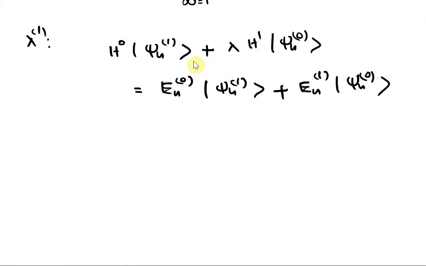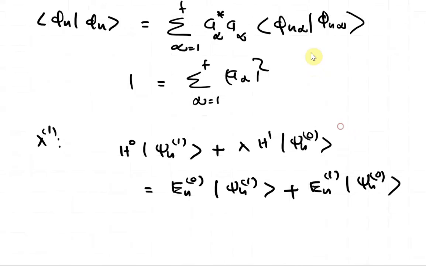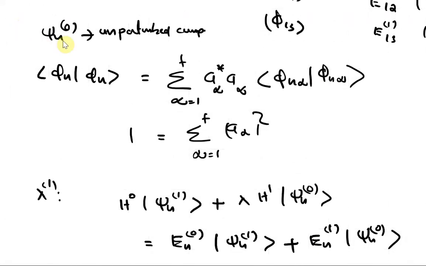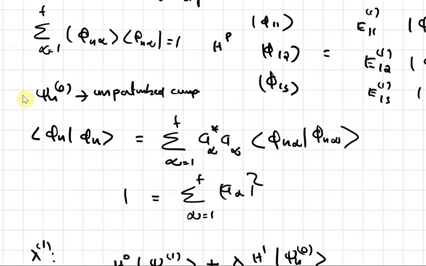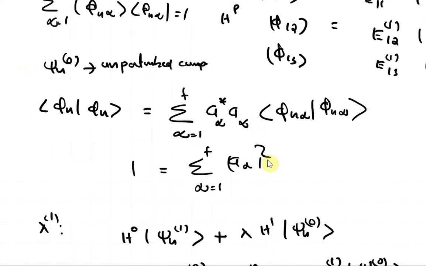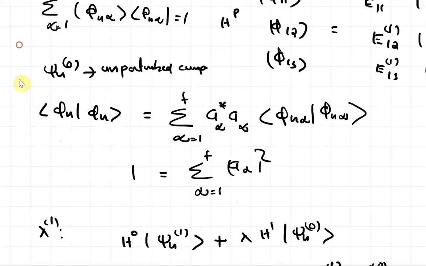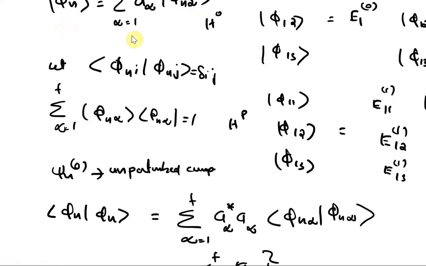So now I'm skipping one step here, just putting the value of phi n naught. Phi n naught is nothing but your psi n naught. Whatever you have taken here for phi n, you have to substitute over there.